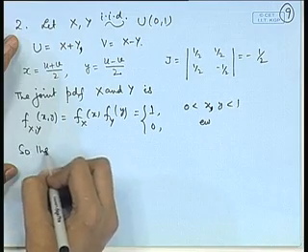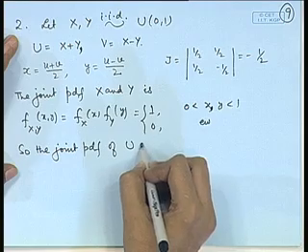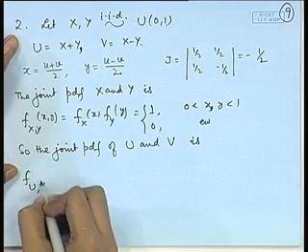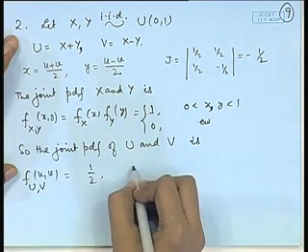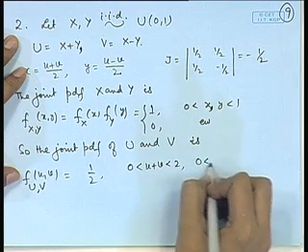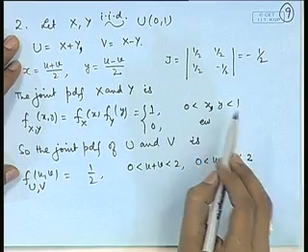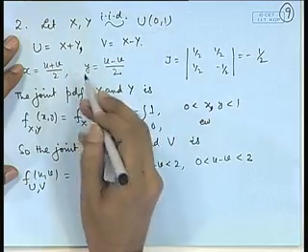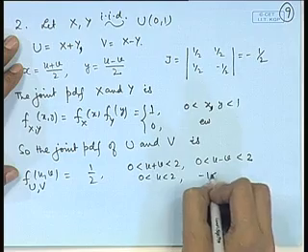So, the joint PDF of u and v will become half for 0 less than u plus v less than 2, 0 less than u minus v less than 2. Now, the ranges of u and v, we can notice further here that since x and y are between 0 to 1, u will be between 0 and 2 and v will be between minus 1 and 1.